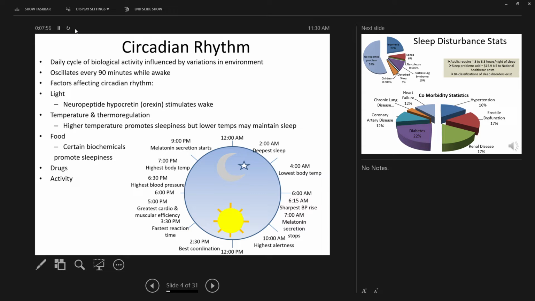Around 2:30 p.m. is when people might experience the best coordination of their muscles. Around 3:30 p.m. is when people might experience the fastest reaction time. And then 5 p.m. is when you want to get your exercise because you usually will have the greatest cardio and muscular efficiency.